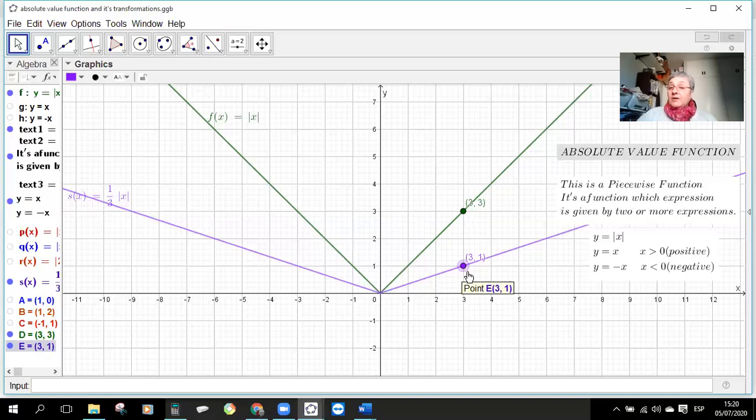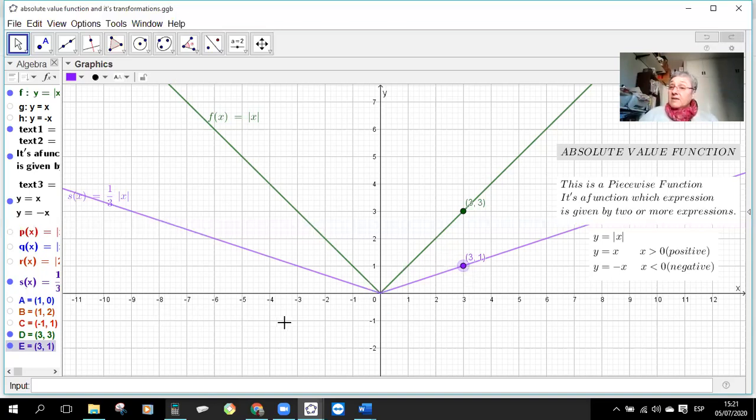It is 1/3 of the original distance, because here you have 3 units away from the x-axis, and here you have only 1 unit away from the x-axis. So your stretch factor is going to be 1/3. The branches are more open, wider than before.